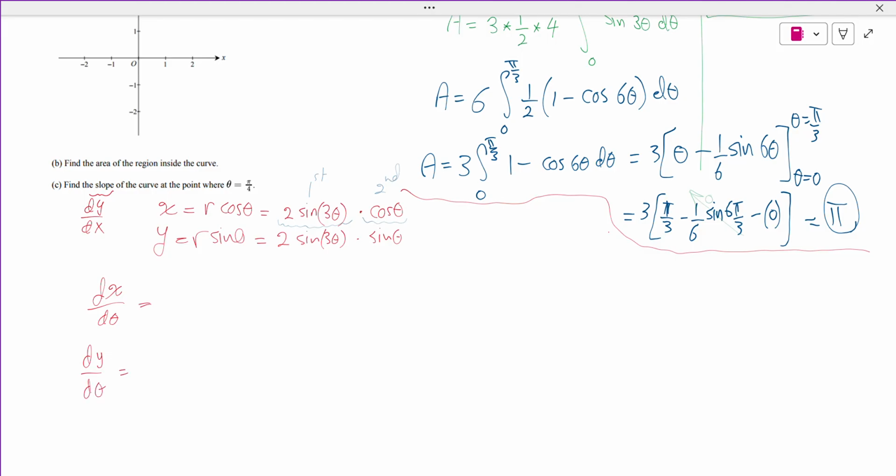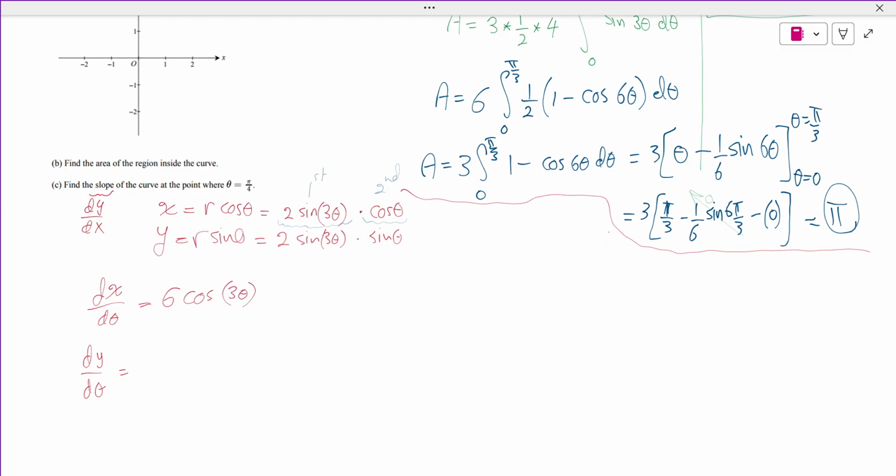So for dx over d theta, we will apply the product rule. Differentiate the first, leave the second, plus leave the first, differentiate the second. So differentiate the first, the derivative is going to be, we have 2 in the front. The derivative of sine of 3 theta is cos of 3 theta times 3. So 3 times 2 is going to be 6 cos of 3 theta, okay, so this is wrong. 6 cos of 3 theta.